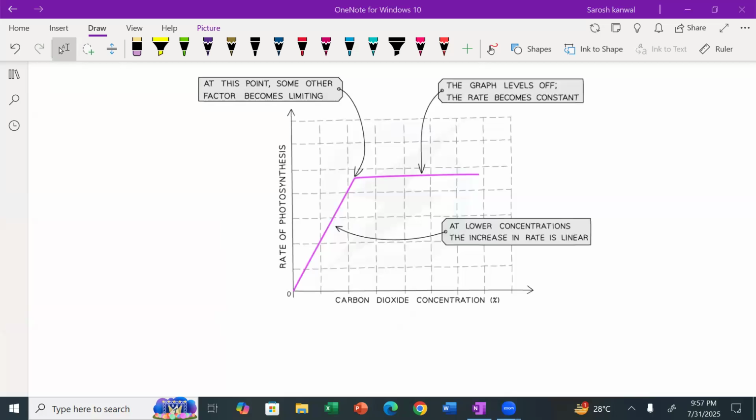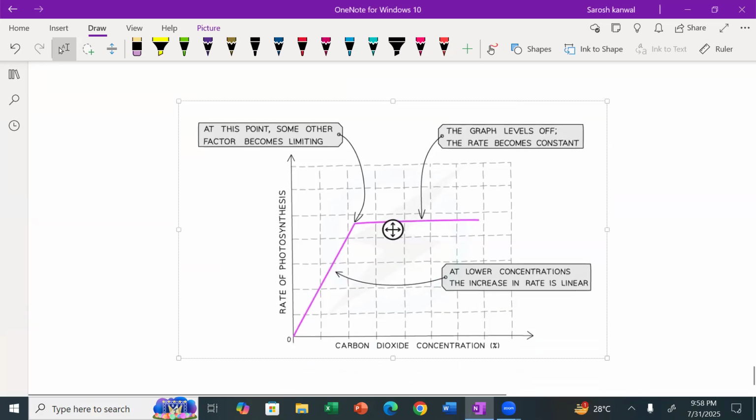You see here, at lower concentrations of carbon dioxide, the increase in the rate of photosynthesis is linear. You can write this.